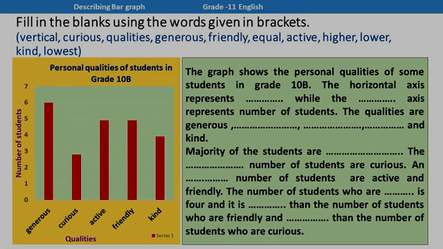The blank number of students are curious, and blank number of students are active and friendly. The number of students who are blank is 4 and it is blank. Then the number of students who are friendly and blank. Then the number of students who are curious.